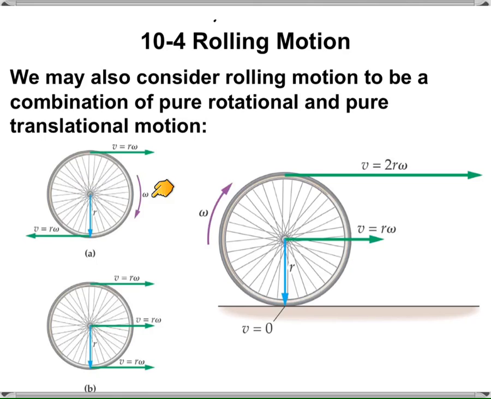But the wheel is translating toward the right with the same velocity v. So if you add these two velocities, it makes 0. You can think that way. If this point wouldn't have 0 velocity, then the wheel will skid, right? The wheel will skid means it will slide.